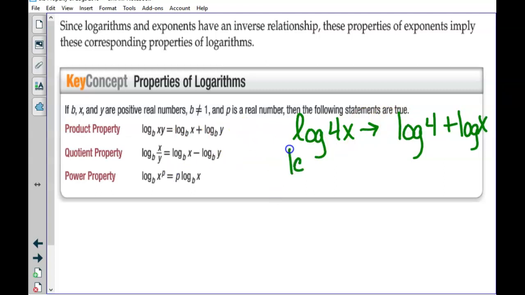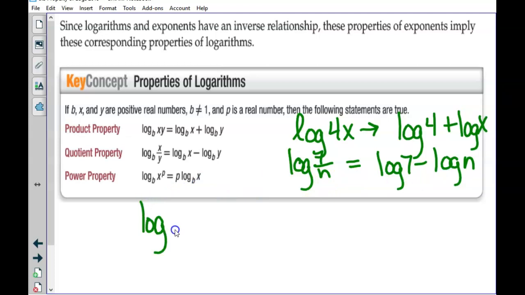Divide, if you have the log of 7 over n, you can rewrite it as the log of 7 minus the log of n. Okay? And the power property is if you have the log of x cubed, that you can move that cubed out in front and make it 3 times the log of x. We talked a little bit about that one yesterday.